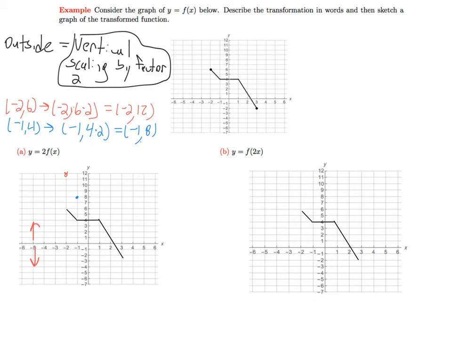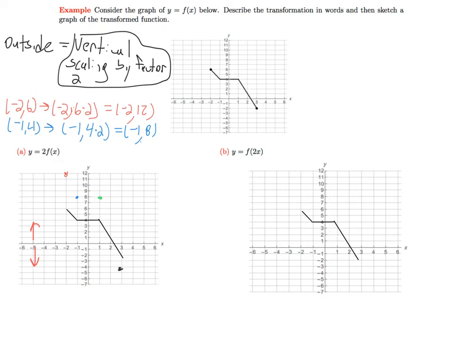So this point at 1, 4 winds up at 1, 8. And this point over here at 3, minus 2 is going to wind up twice as far away from the x-axis. It was 2 units below the x-axis. Now it gets stretched and winds up 4 units below the x-axis. So this point gets moved down to 3, minus 4 over there.